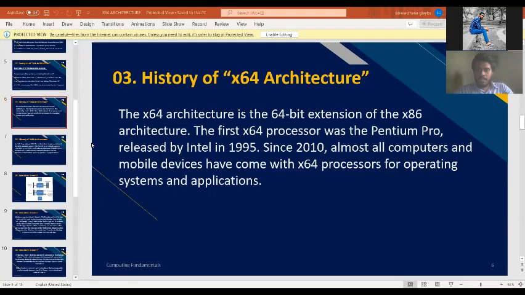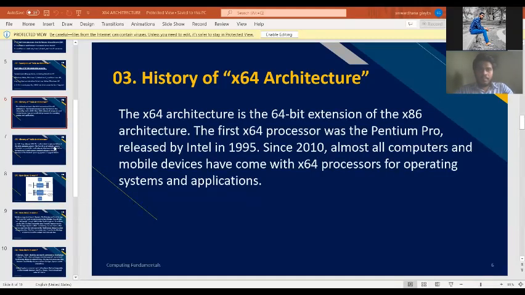The x64 architecture is the 64-bit extension of the x86 architecture. The first 64-bit processor was the Pentium Pro, released by Intel in 1995. Since 2010, almost all computers and mobile devices have come with 64-bit processors and operating systems and applications.